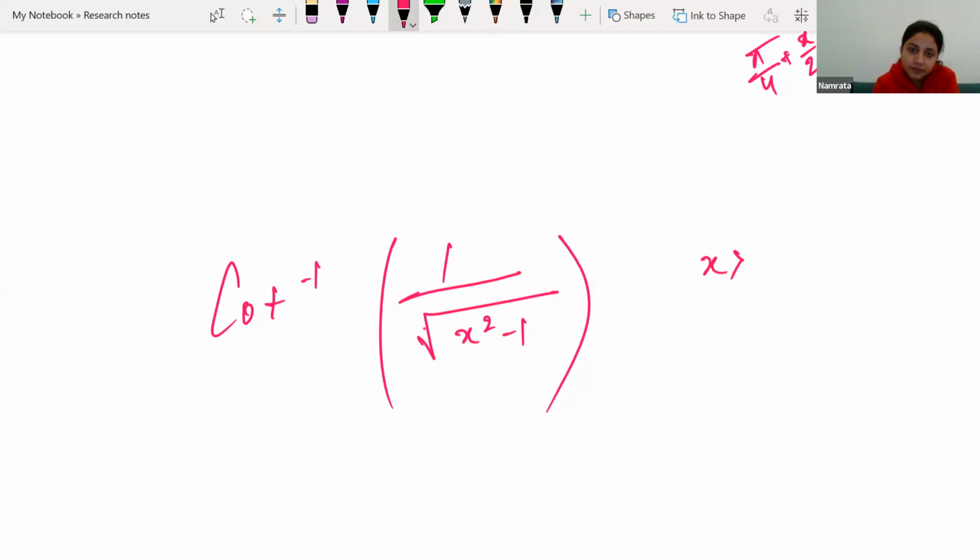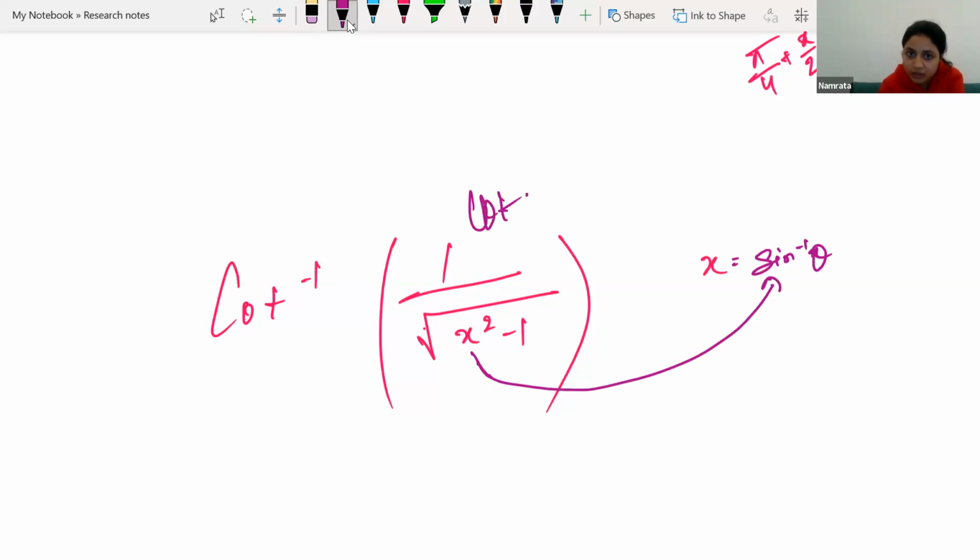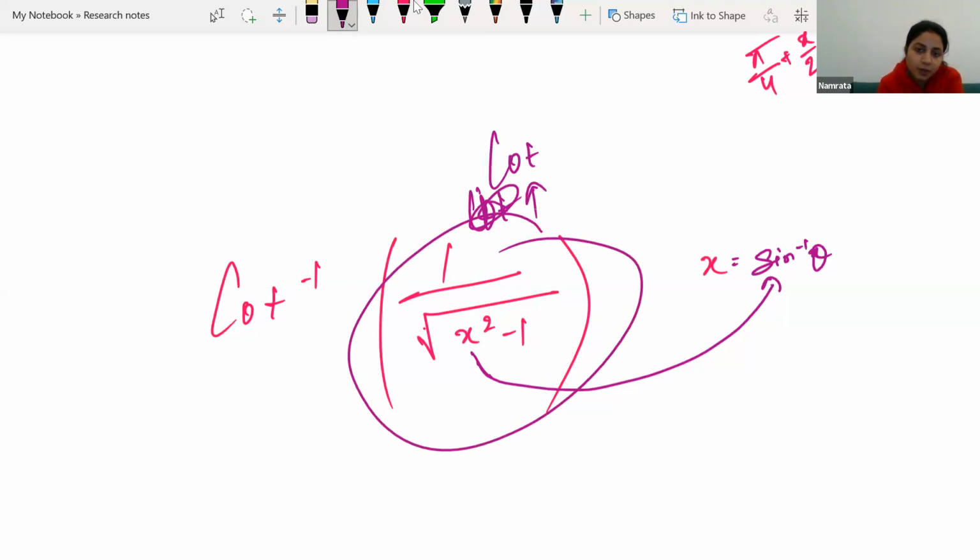Anyone? You are saying x can be taken as sine theta. If we take x as sine theta, that will help us reach cot theta, the whole expression becoming cot.